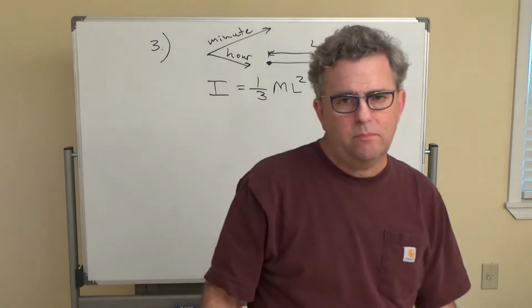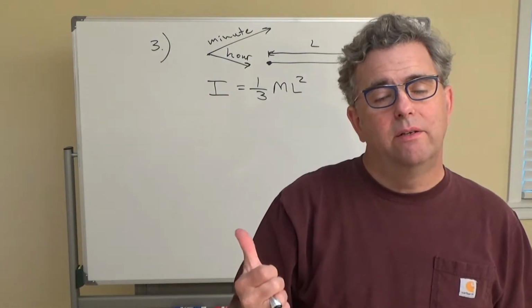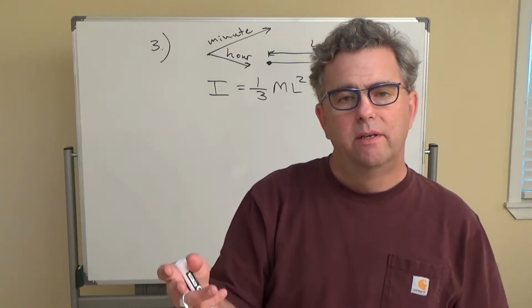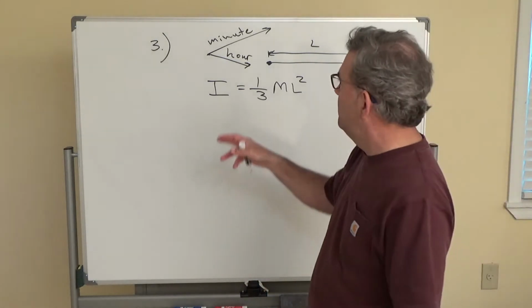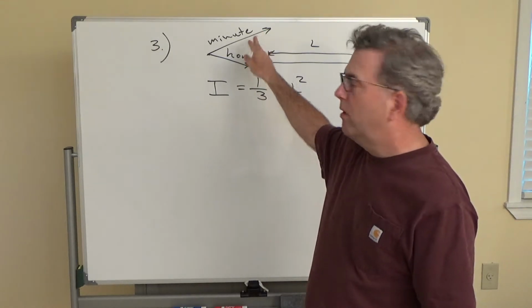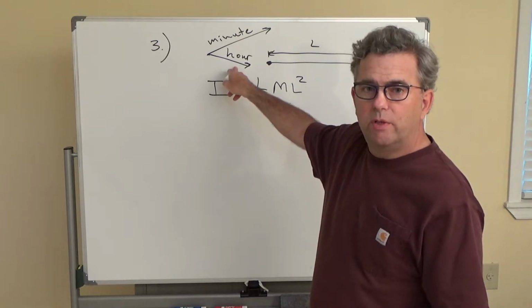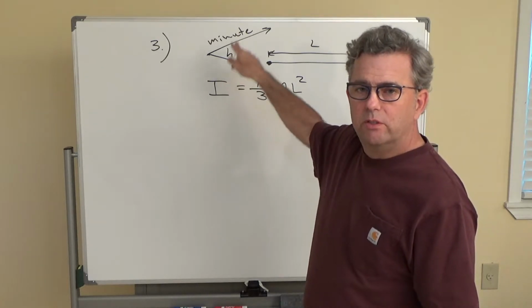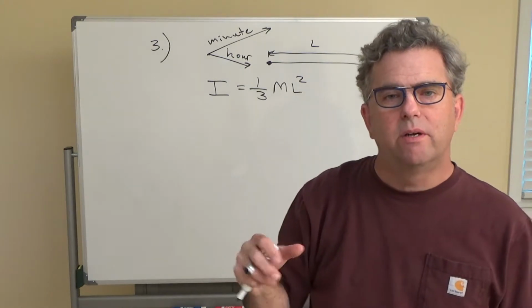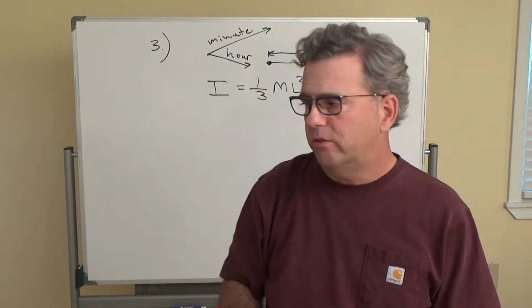Okay? So knowing that, they give you the length, they give you the mass. You can calculate the angular velocity by knowing that this goes around once every hour, this goes around once every 12 hours. So they're constantly in motion, and angular momenta are vectors. They add just like vectors.